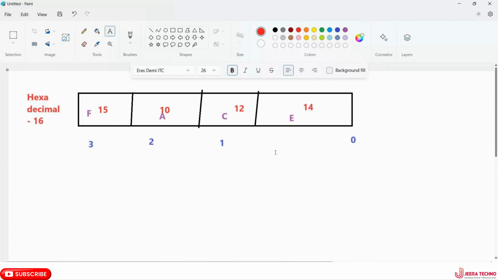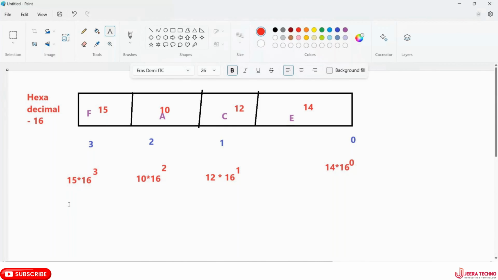Now what are you going to calculate here? So simple, you can see one by one. 14 into 16 power 0. Here what is the value? 12 into 16 power 1. Very good. Some people can catch it very quickly, but for people who are not able to, I am explaining very slowly. Then 10 into 16 power 2, that is 16 square. Now 15 into 16 cube.